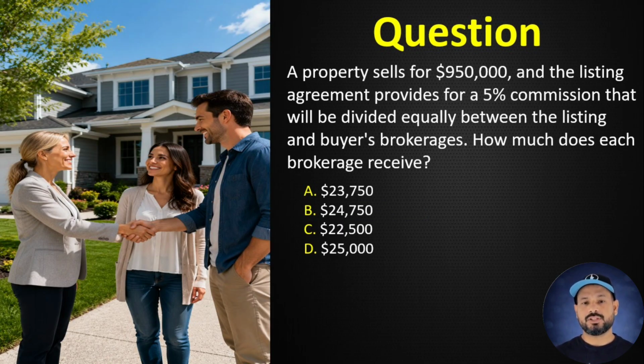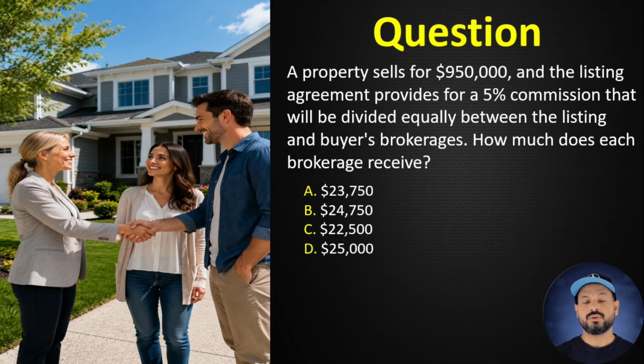Question number 42. A property sells for $950,000 and the listing agreement provides for a 5% commission that will be divided equally between the listing and buyer's brokerages. How much does each brokerage receive? A, $23,750. B, $24,750.